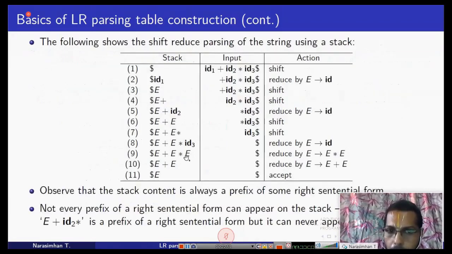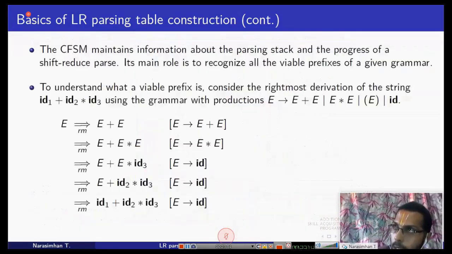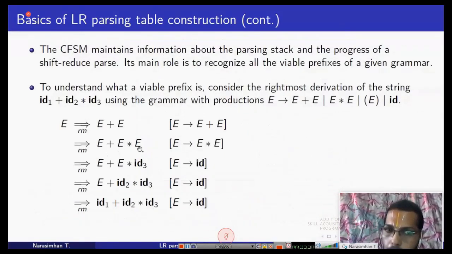Maybe E plus E star E. You have the sentential form E plus E star E. Remember that every string is a prefix of itself. If you have a string ABC, ABC itself is a prefix of ABC. Remember that concept here. So E plus E star E itself happens to be a prefix of this particular right sentential form.